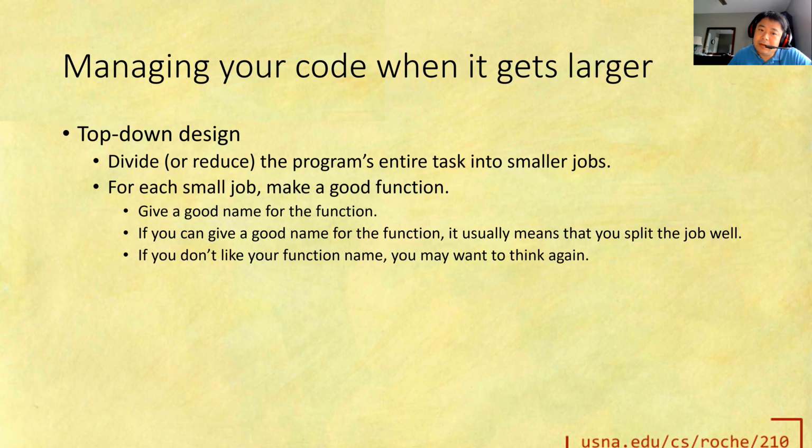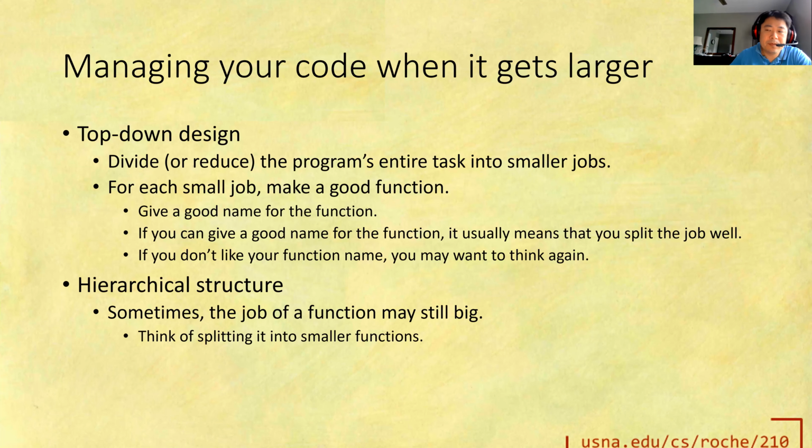If you don't like the function name, you may want to think again: am I splitting the job in the right manner? And then for hierarchical structure, sometimes one function still does too many things, it's too big. The job size is too big. For that case, you may think about splitting the job into smaller functions.